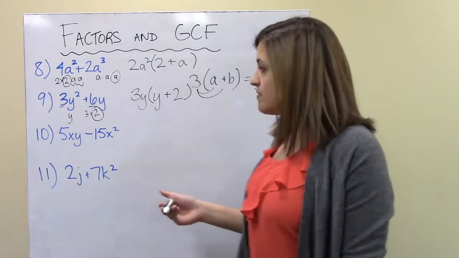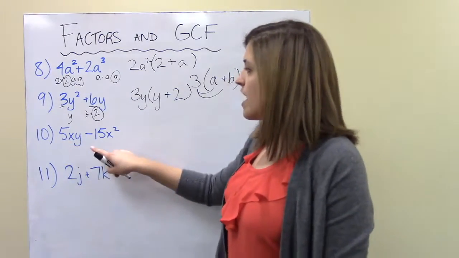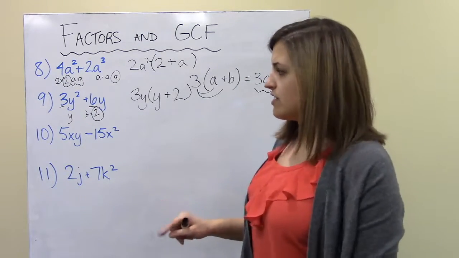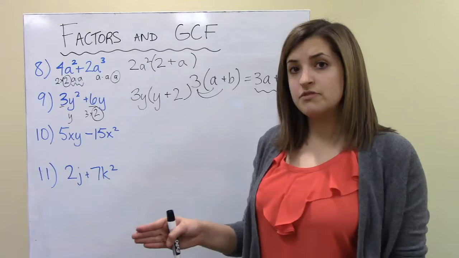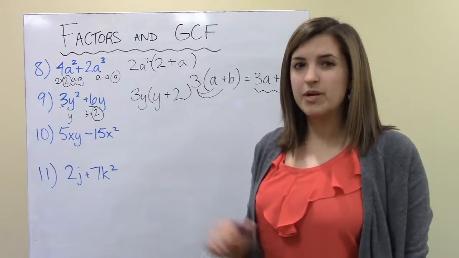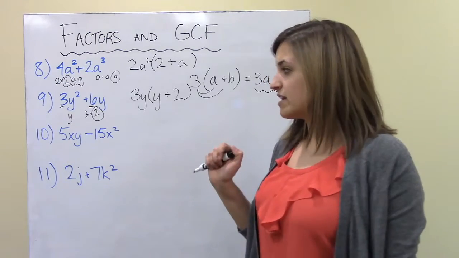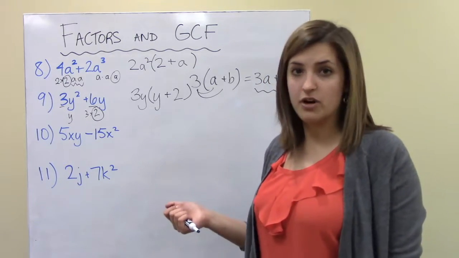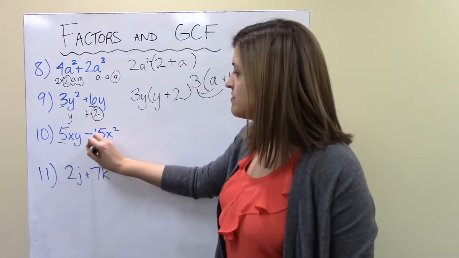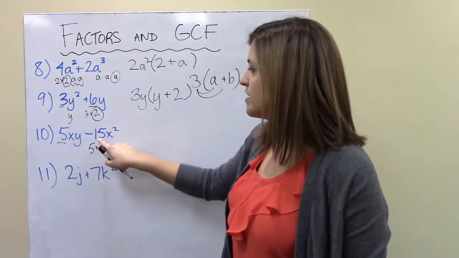All right, for number 10, I have 5 and negative 15. Here's a trick. If the majority of my terms are negative, I'm going to pull a negative out. But if it's not a majority, I'm just going to pull out a positive number. So I have 5 here, and I have 5 times negative 3 here.